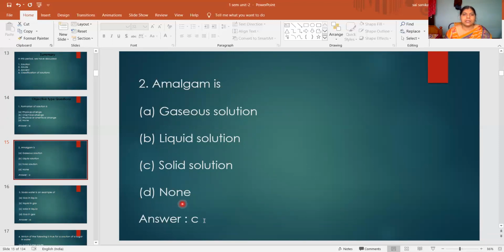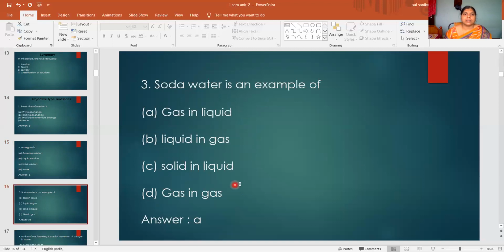So what is the answer? Answer is C, that is solid solution. Amalgam means mercury with metal, that is liquid in solid, so it comes under solid solution.